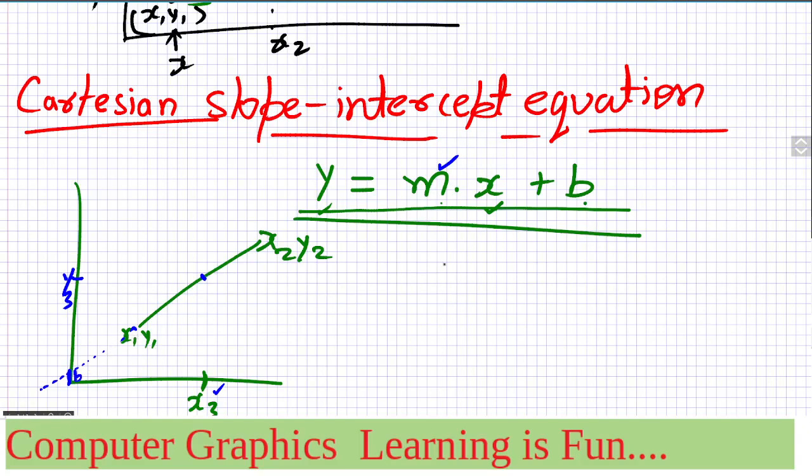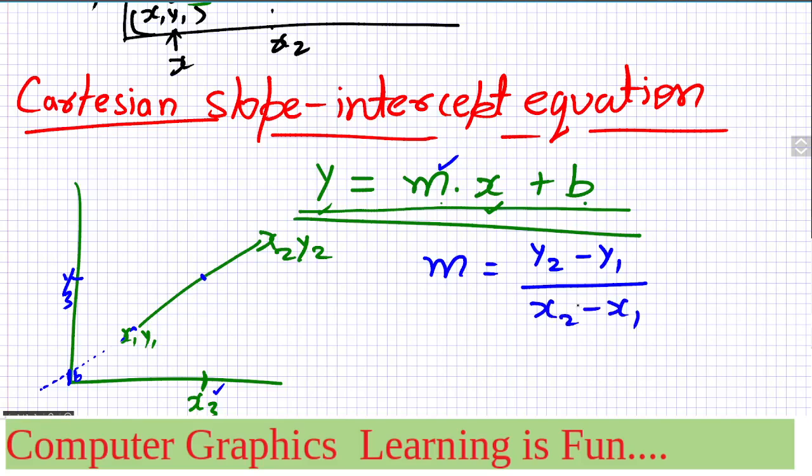Anyway, you can easily find the values of m and b given the values of x1, y1 and x2, y2. If you have x1, y1 and x2, y2, you can easily find m. How? For finding m, there is a formula. You will write y2 minus y1 upon x2 minus x1.